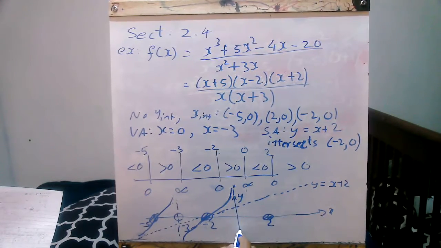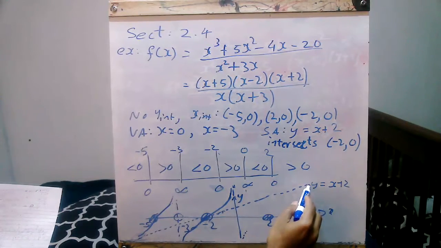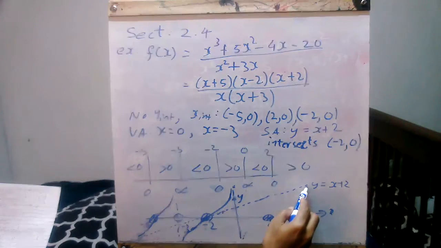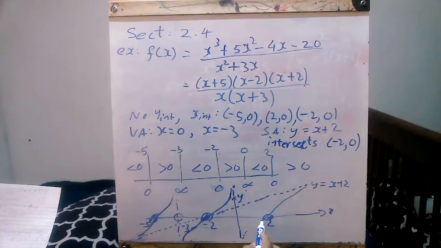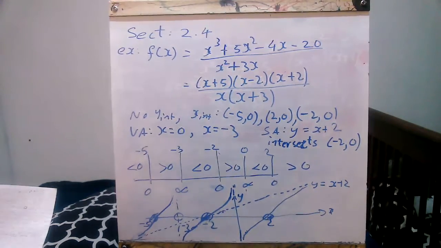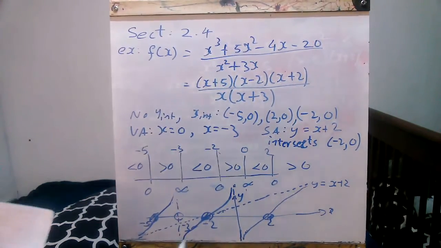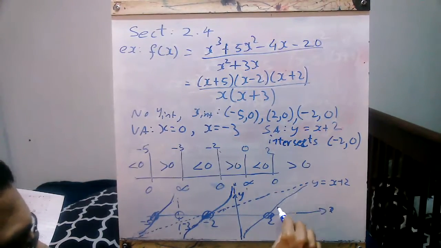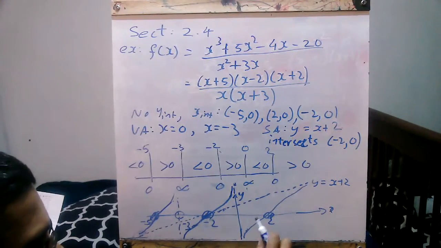That means it should come like this, and it should go through this point. Now it is clear. It should get closer to this for big values of positive x. Right? The graph should look something like this. This is not a straight line.